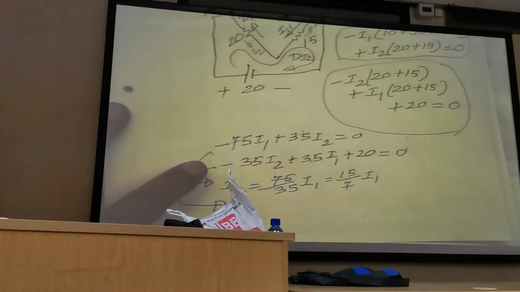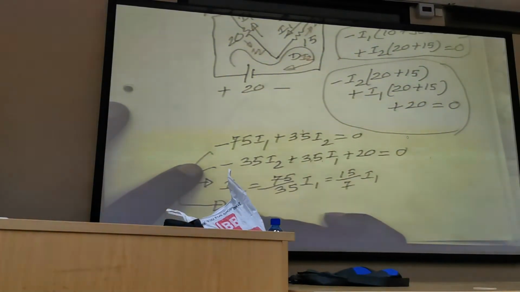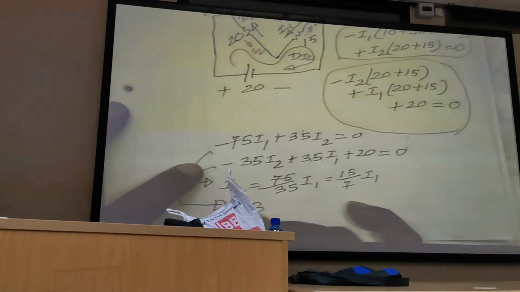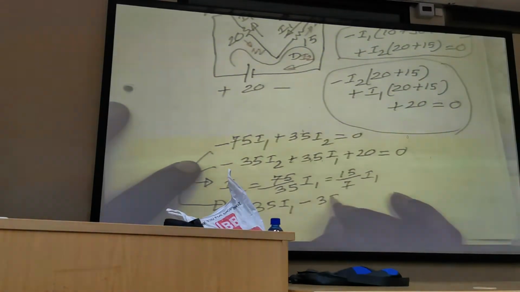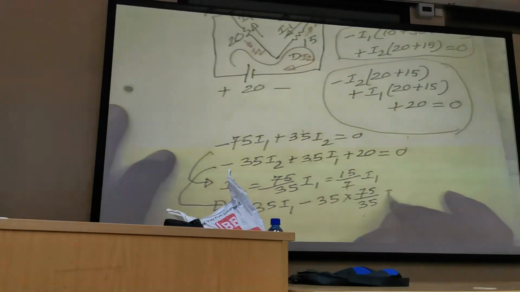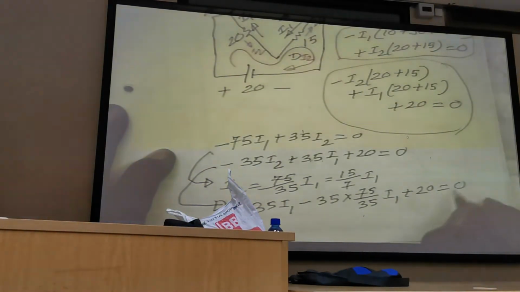So we can say I2. So meaning 35 I1 minus 35 I2 is 75 divided by 35 I1 plus 20 equal to 0, right?